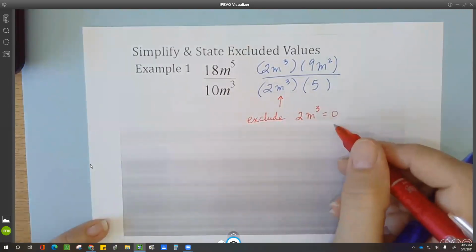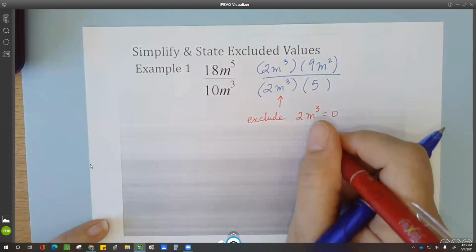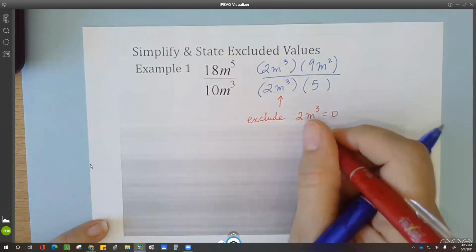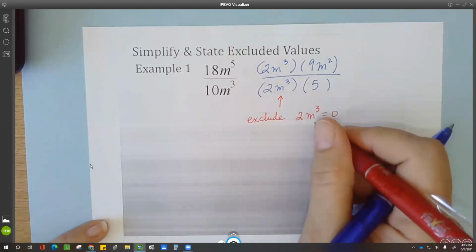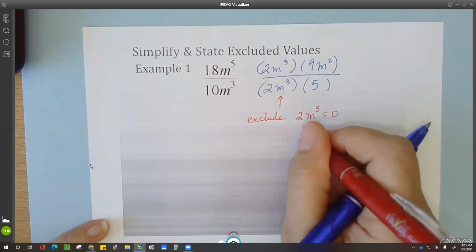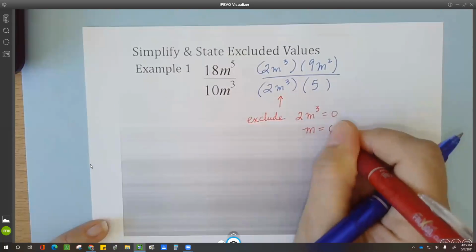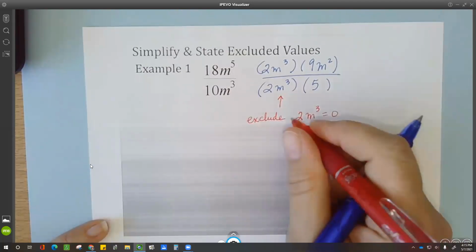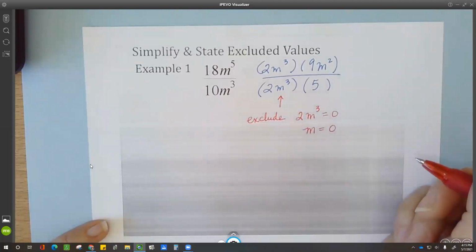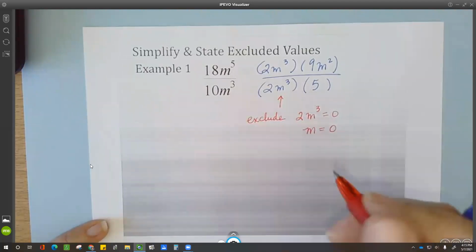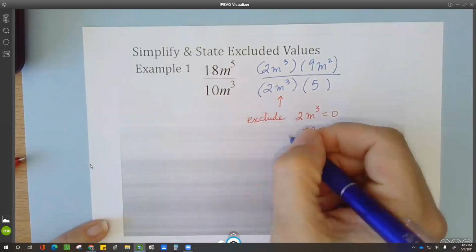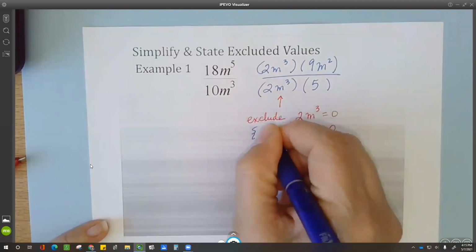But if I solve this little simple equation, I can divide by 2 and take the cube root, but the only way for 2m to the third power to be 0 is if m is 0. So I can't let m be 0. That's my excluded value. You can write it like this: exclude 0.